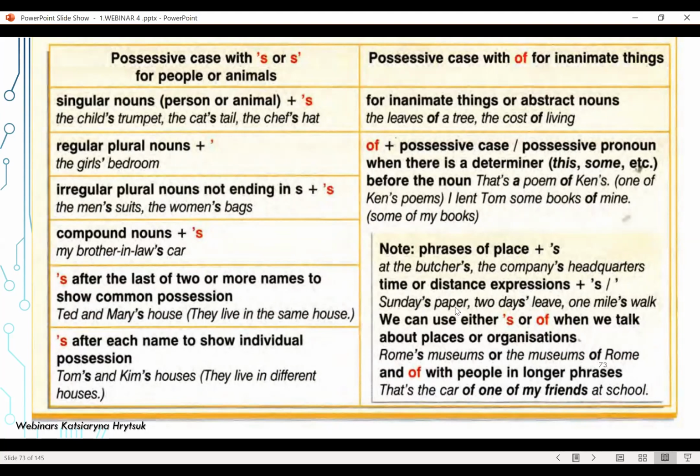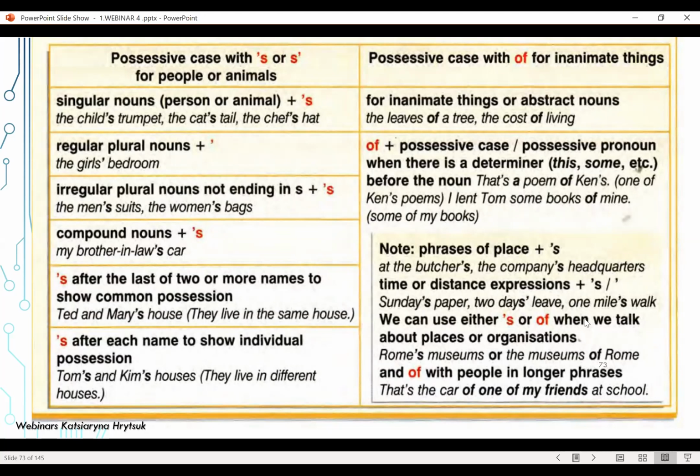Sunday's paper. Sunday apostrophe S. Two days' leave, it means you are absent two days. So it's two days, day plural, so the apostrophe goes after that, s. So we also can use apostrophe S or "of" when we talk about places or organizations.